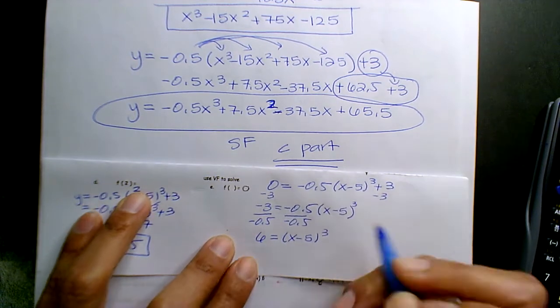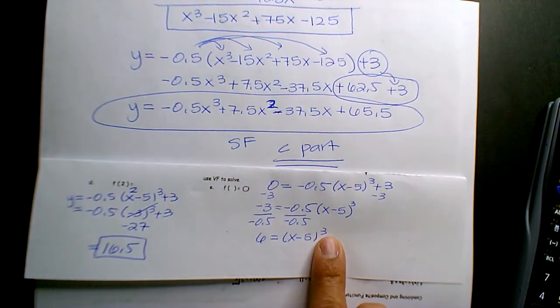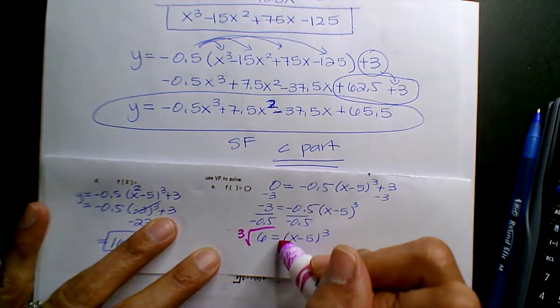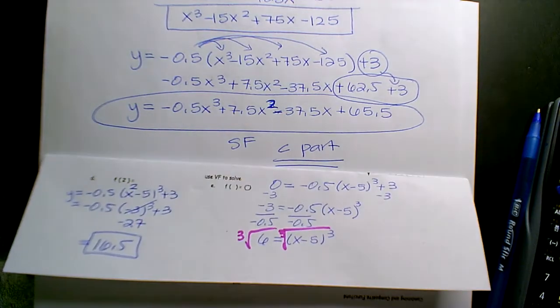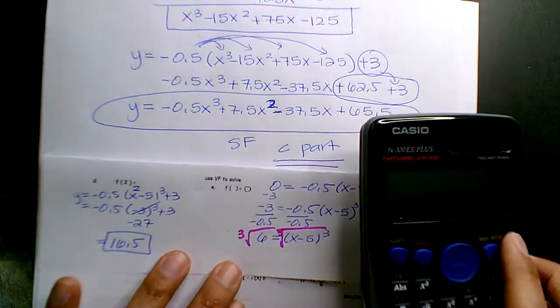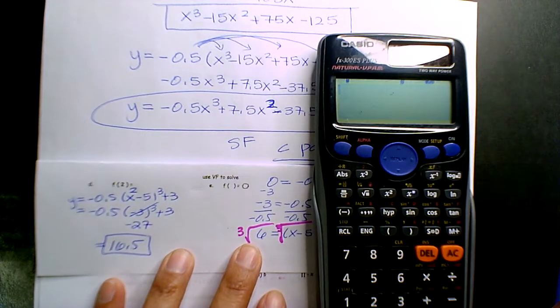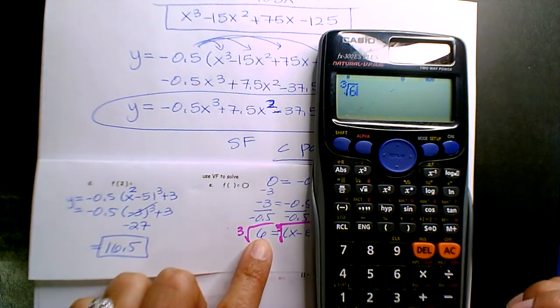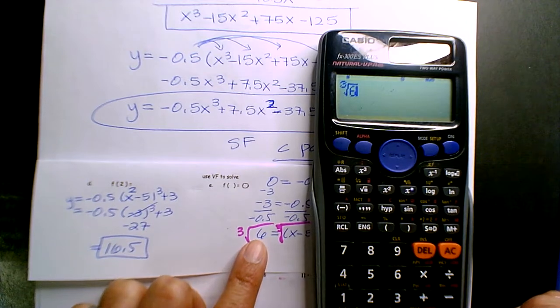x minus 5 cubed, and this is the inverse. Since it's a cubic function, you're going to inverse cube, which is cube root. And you got a little button on here that's a cube root. It's right there. So shift, there's my cube root, 6. And by the way, you're only going to have one root. On a cube root, you don't do positive, negative.